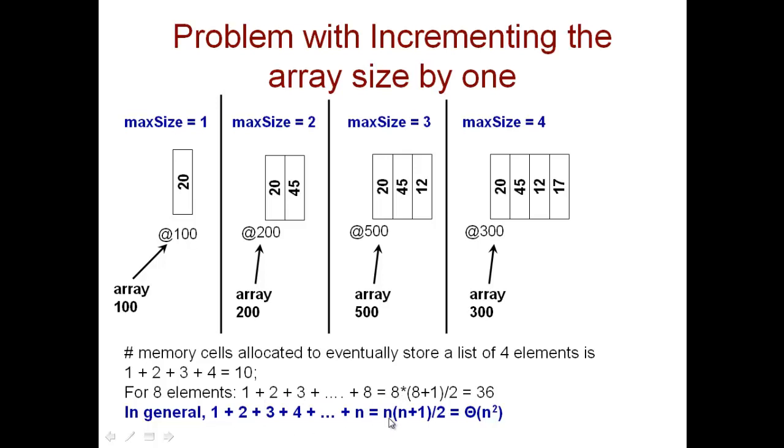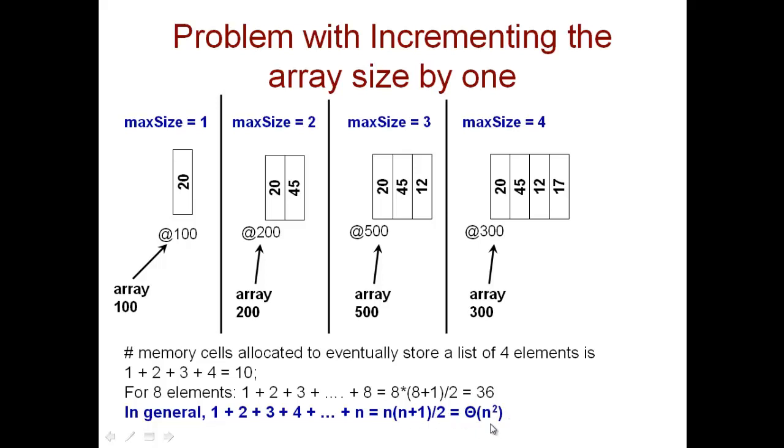In math it is n times n plus 1 over 2. That's a formula, and this is theta of n square, because n times n plus 1 over 2 is like n square plus n. n square is the most dominating term and n is the less dominating term, so we just retain the most dominating term, which is n square.